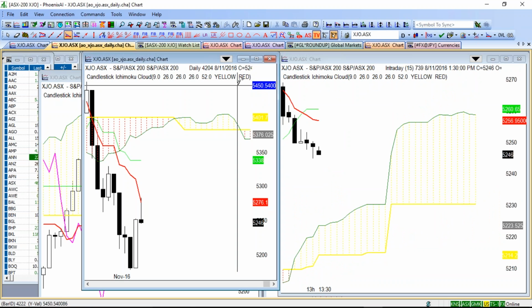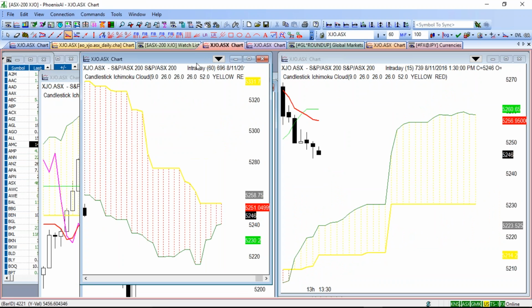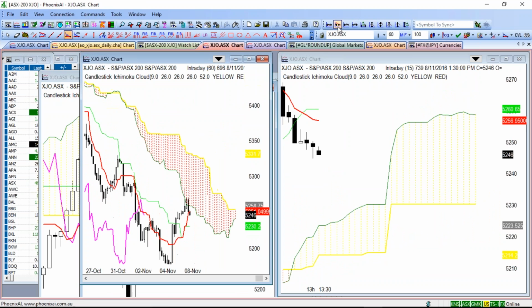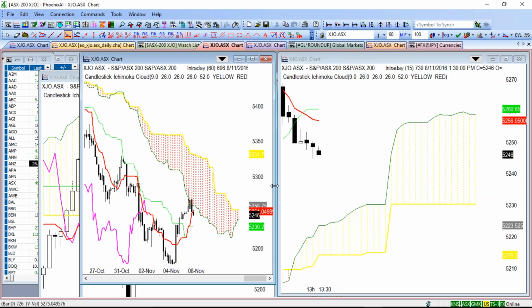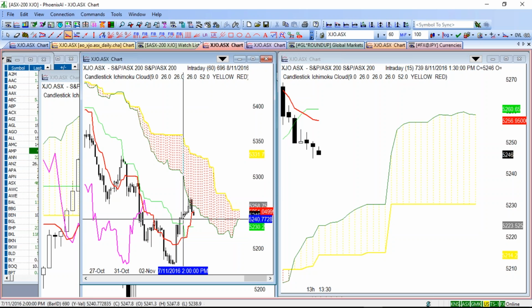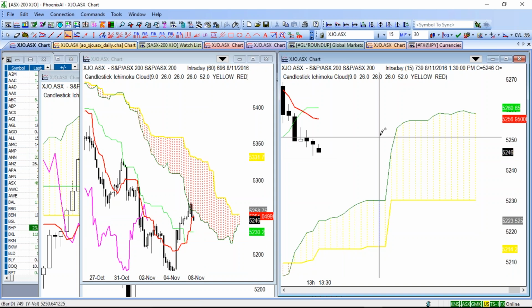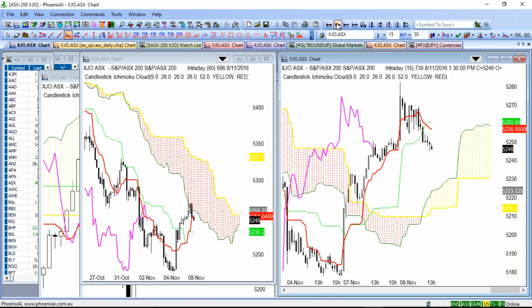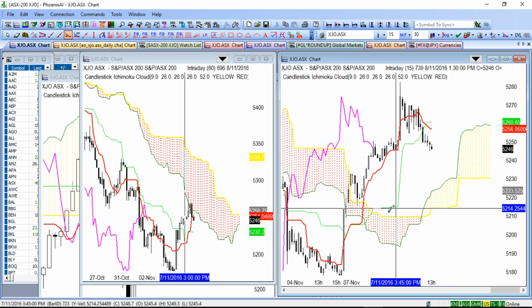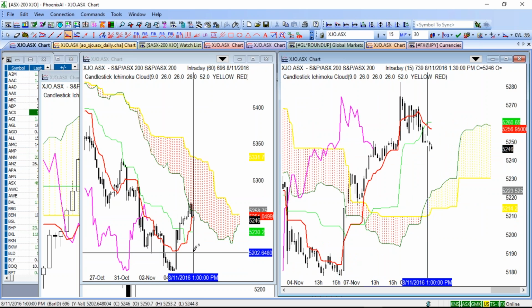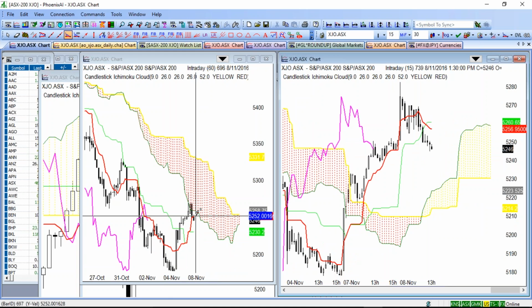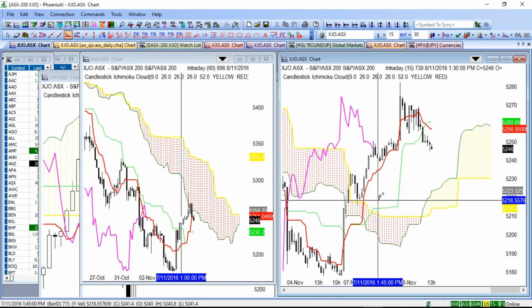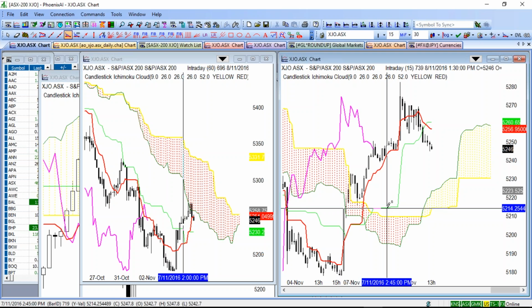On the left chart here I have the 1 hour index, and on the right chart here I have the 15-minute. So we can see the two very, very different pictures here between the 1 hour chart of the XJO 200 and the 15-minute chart of the XJO 200.